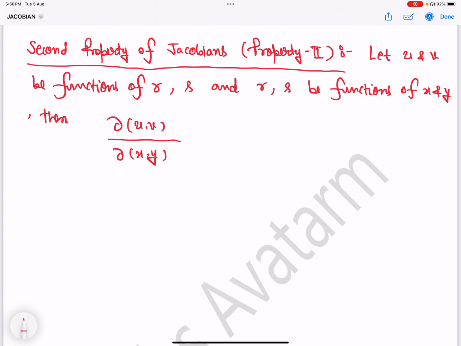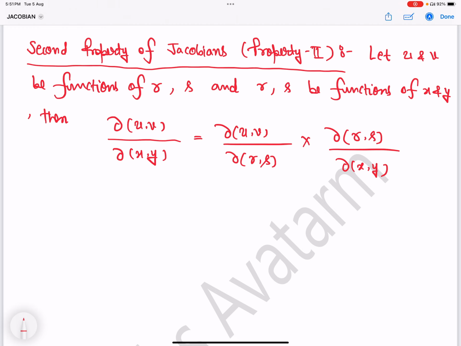This will be nothing but Jacobian of U, V with respect to R, S into Jacobian of R, S with respect to X, Y.